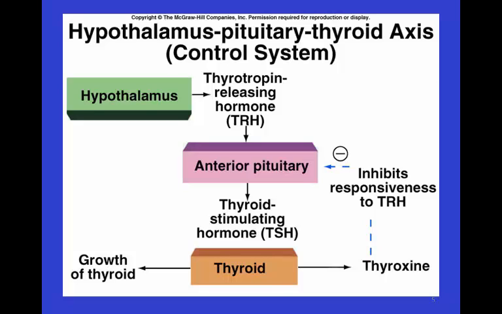Thyroxine will have the positive effect on metabolism of the cells, but if it increases in concentration above a certain point, it will cause a negative feedback reaction, which will cause the anterior pituitary to stop releasing TSH. Classic negative feedback.